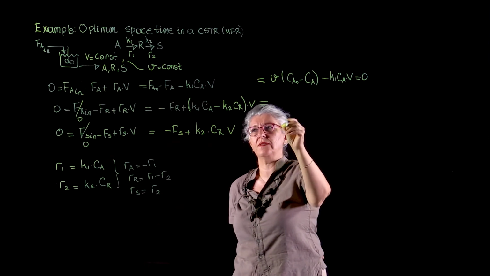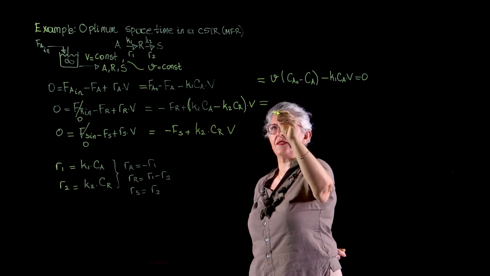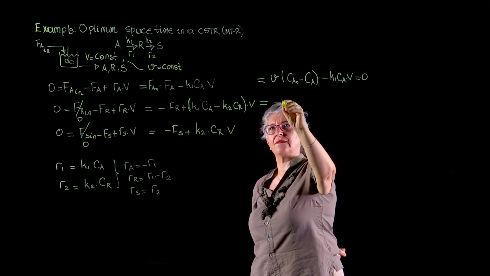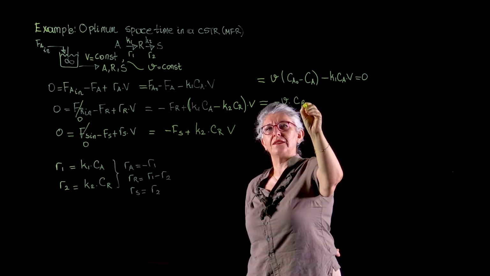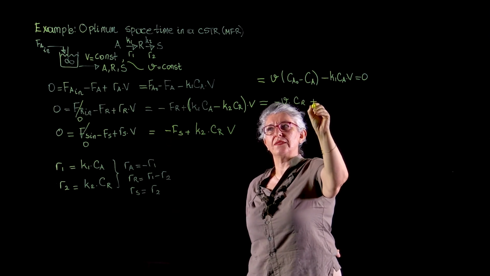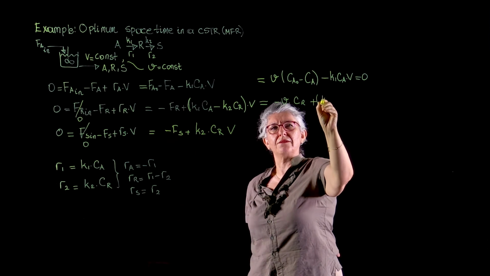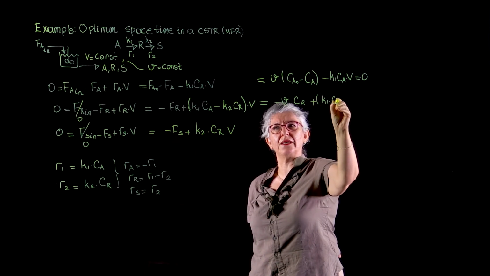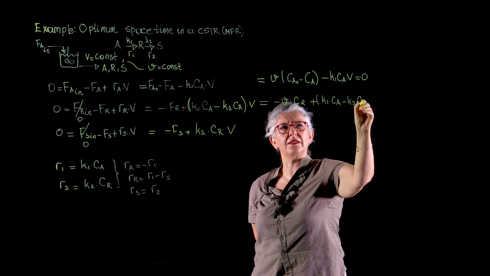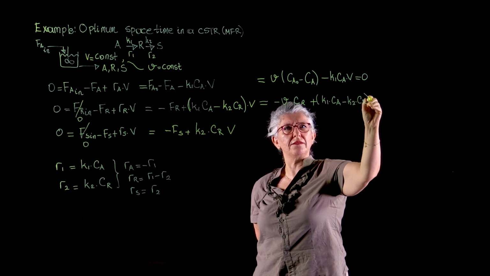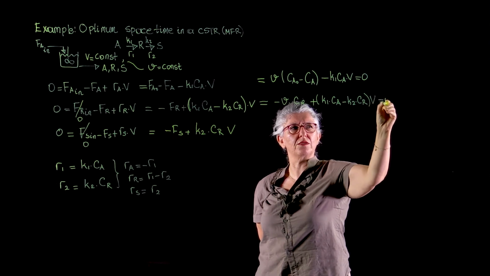We will do that. Fr is minus V times Cr plus K1 times Ca minus K2 times Cr times V. This is equal to 0.